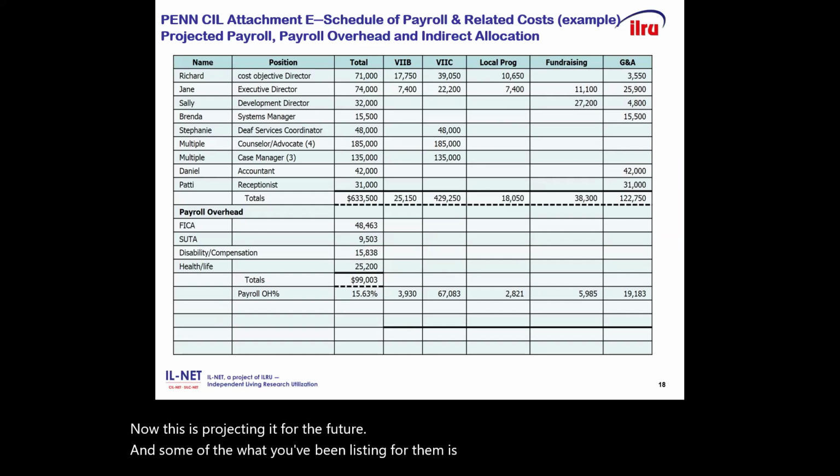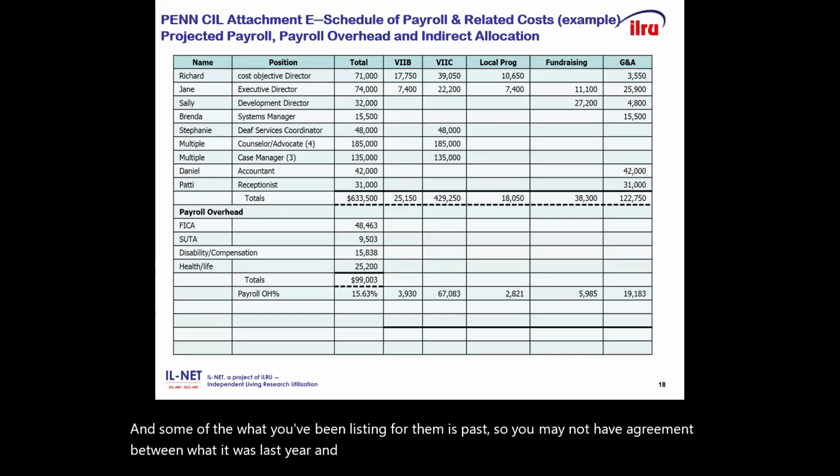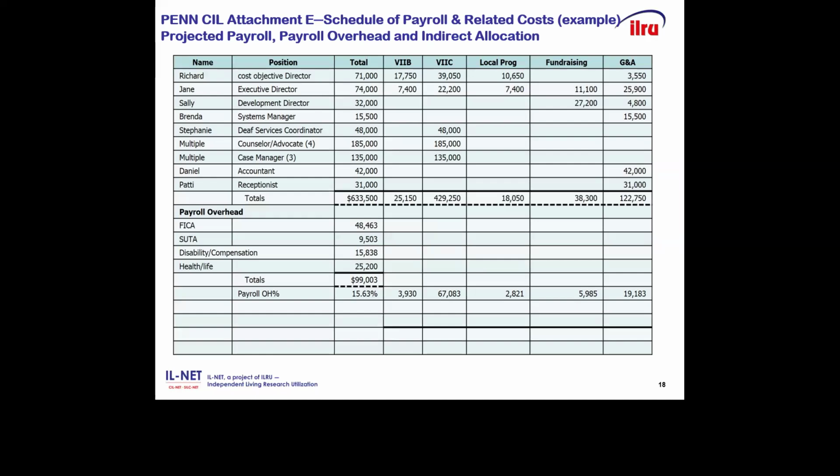So you may not have agreement between what it was last year and what you expect it to be next year. So don't get yourself too wrapped up in that. Just read which one it's supposed to be, see the word projected payroll. This is projected. Some of the others have been reconciliations of actual past stuff. And then you've got all your costs included there.